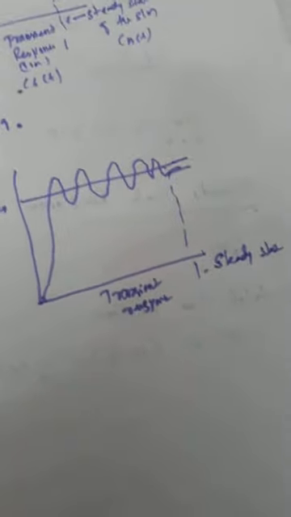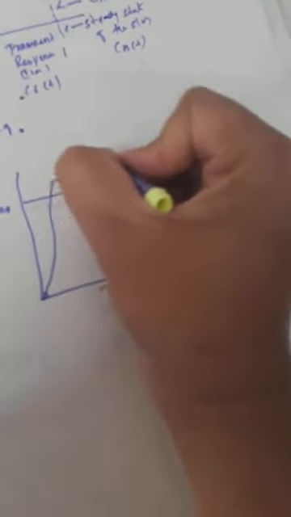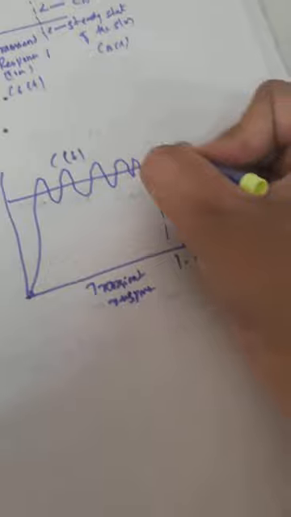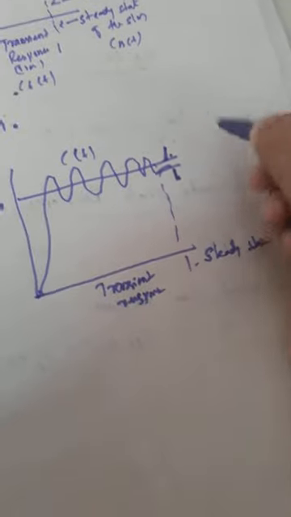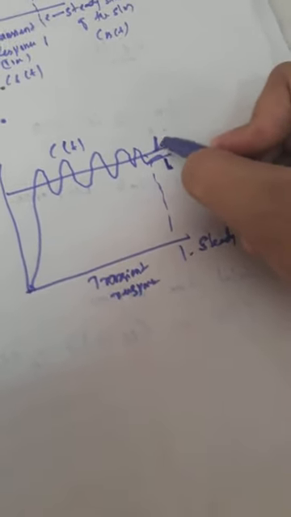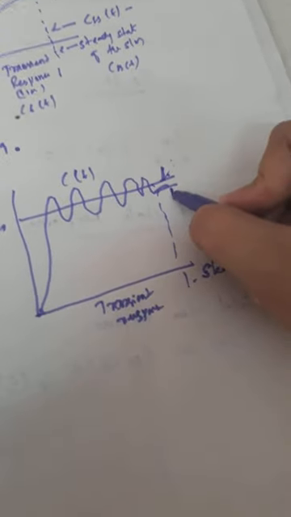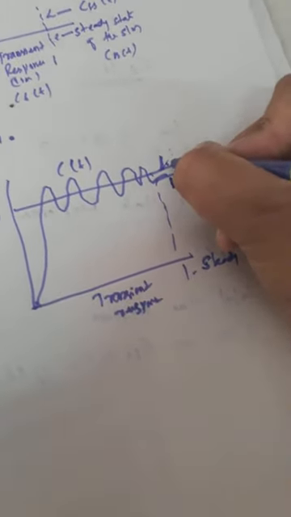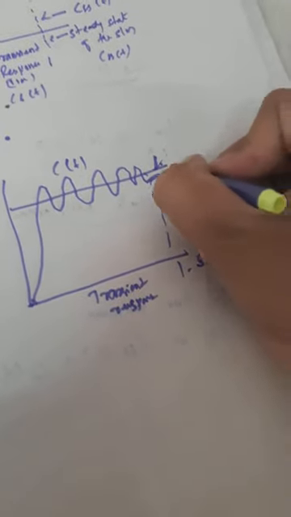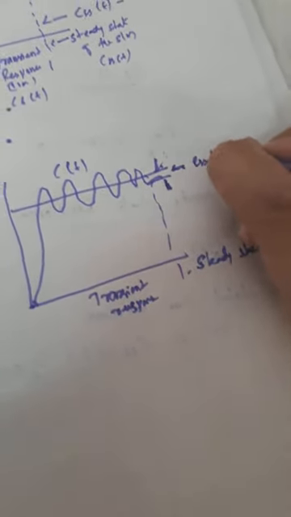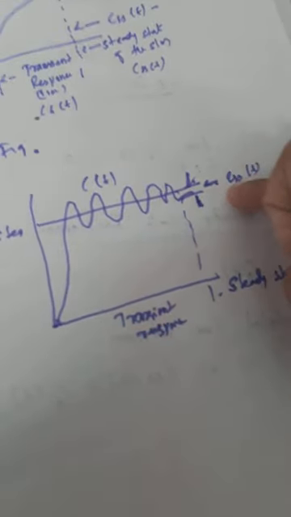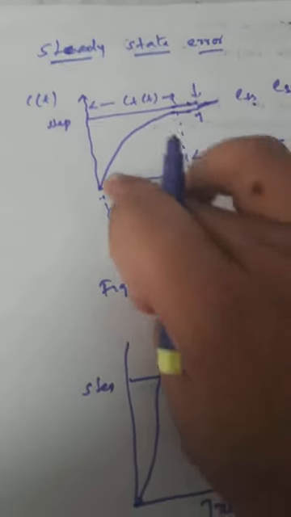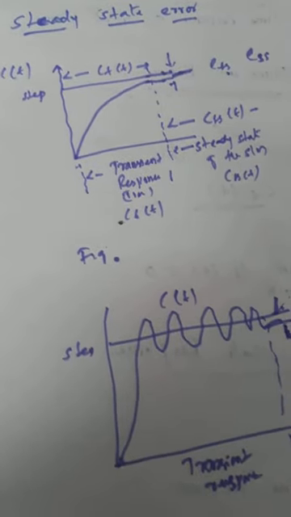This is the total c(t). The difference between the desired output and this oscillatory actual output is nothing but the steady state error. So this is the case if the transient response is oscillatory, and the earlier one is the case if the transient response is exponential. Understood?